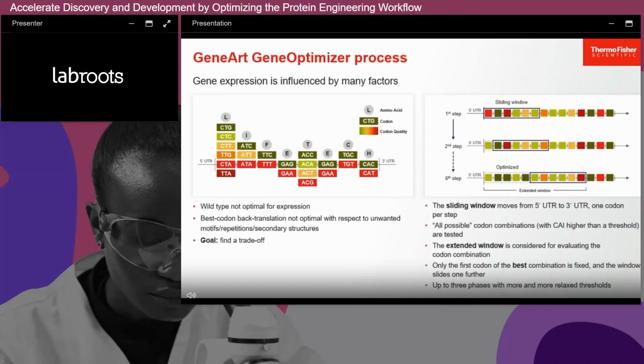An extended window is also considered to check the codon combinations and to look for the absence of the hampering motifs I was mentioning before. With this mechanism, many steps are done, and what you see in step number 6 is our optimized sequence, which of course contains optimal codons, but also codons that are less favorable.